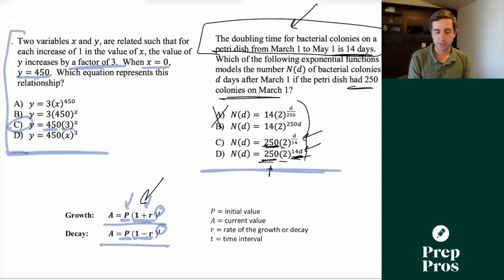Well, if we plugged 14 in for d in answer choice d, we would be doing 250 times 2 to the 14 times 14. This is going to become an absolutely enormous number. We're not going to be doubling, but when you're doubling, you're going to be raising it to the first power, and that's how you can see that C is your correct answer.